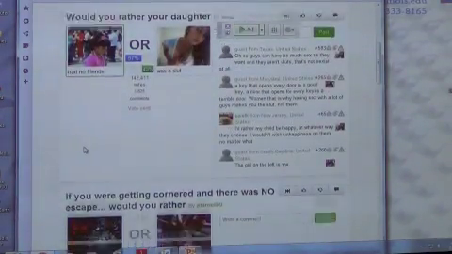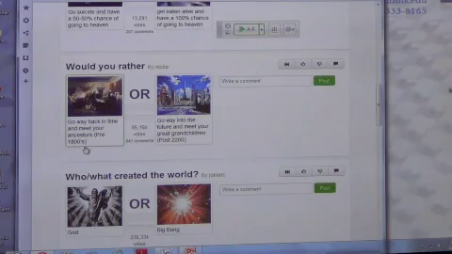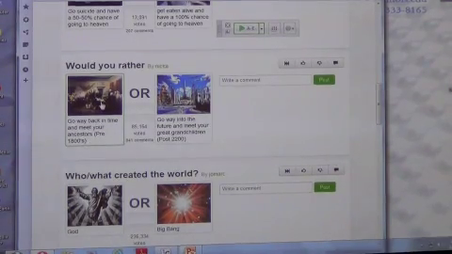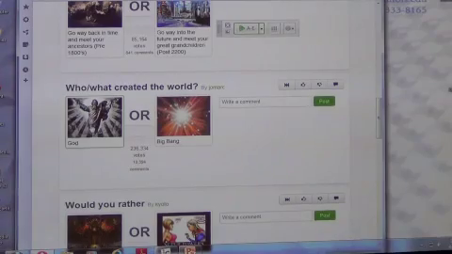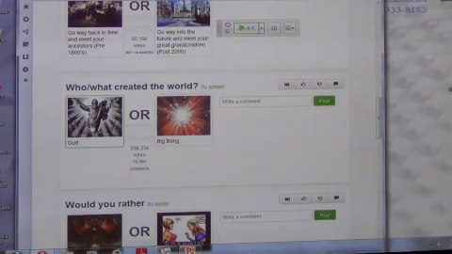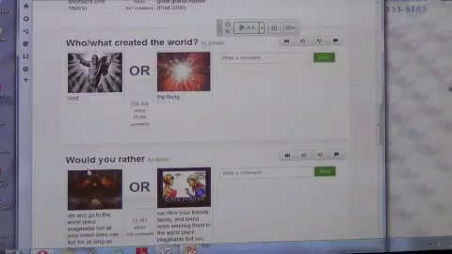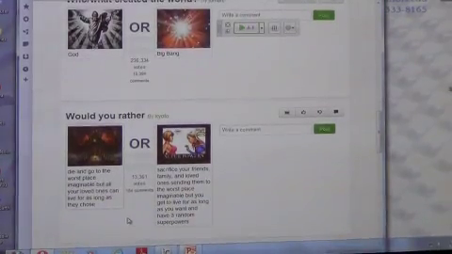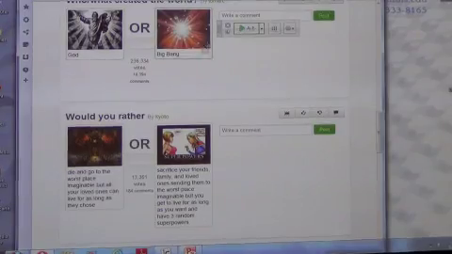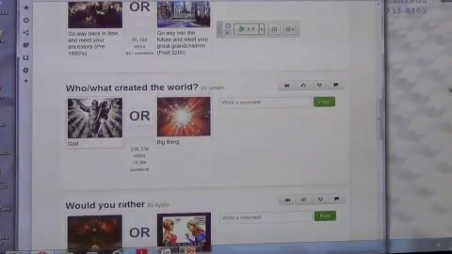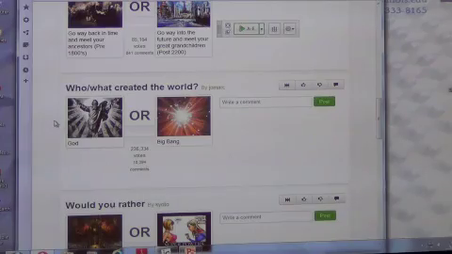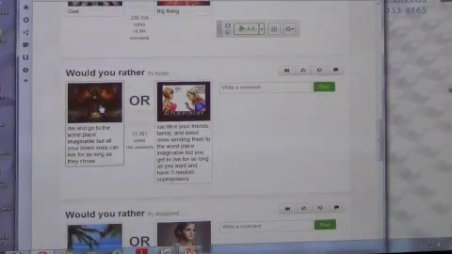I'm going real slow, and then when, stop right there. This one? Boy, you really feel strongly. God or the Big Bang? Do you want to do the God or the Big Bang? Raise your hand. This one. Okay, then this one.